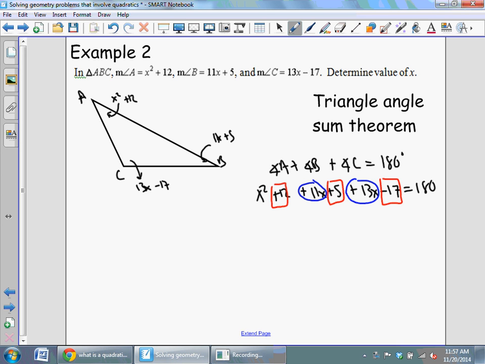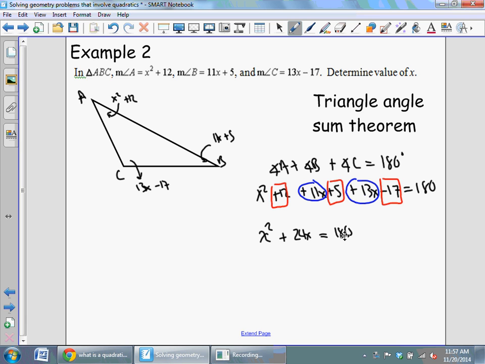So when I do all that, I get x squared. 11x plus 13x is going to be 24x. 12 plus 5 is 17. 17 take away 17 is 0. So I'm going to get x squared plus 24x equals 180. The 12 and the 5 and the minus 17 just canceled out.